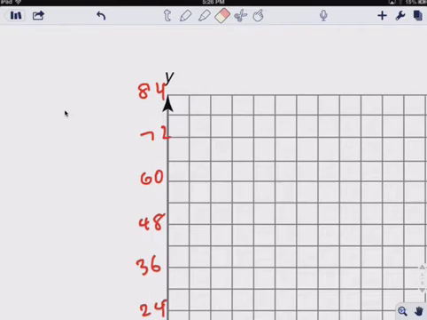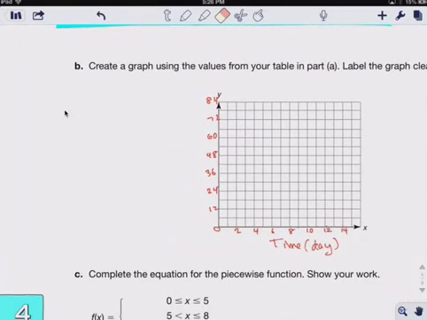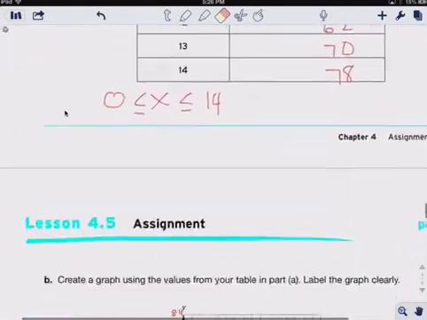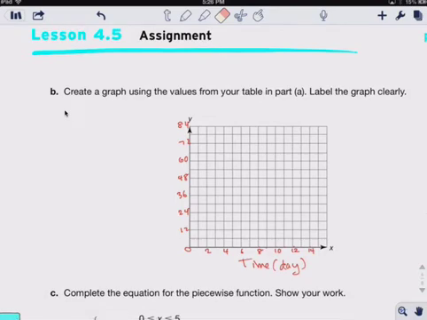Okay? Alrighty. And look, it fits. 78 is our highest.